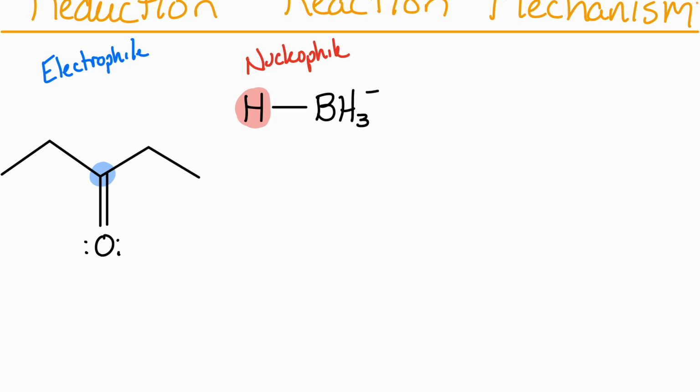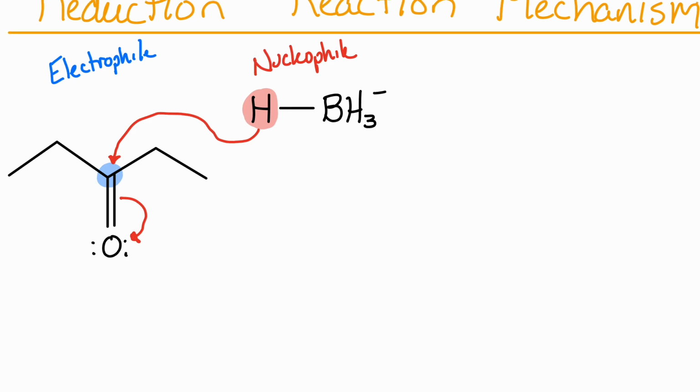All right, so our first step here is going to be this nucleophilic attack. Our nucleophile is going to attack our electrophile. And as we saw before, that's going to kick this pair of electrons onto that oxygen. But there's a problem with how I've drawn it right now. All right, what's wrong with that first arrow?